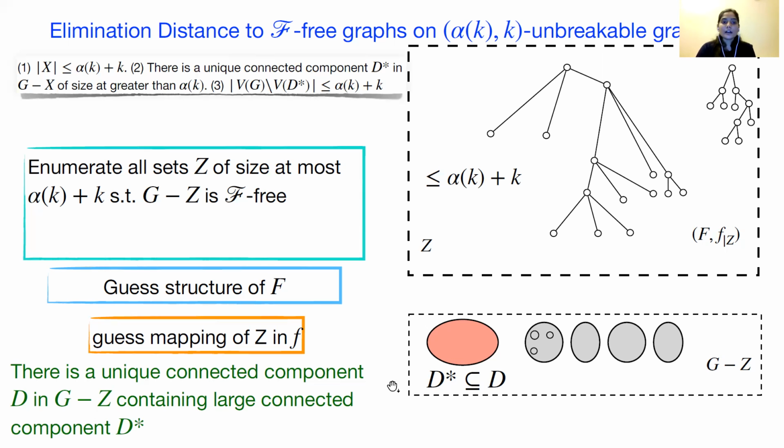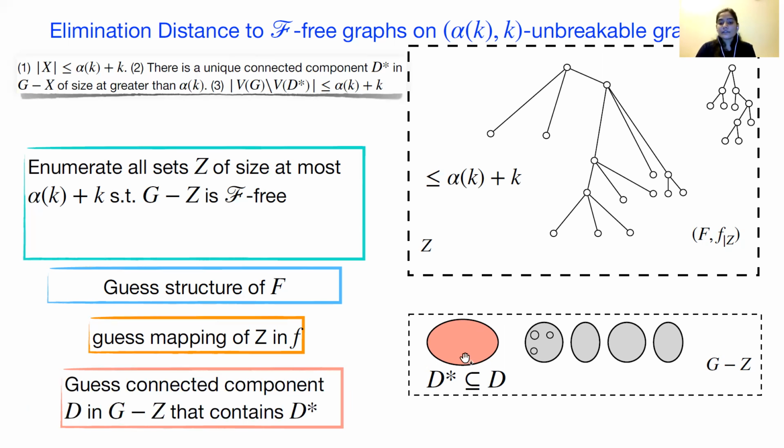Again, we can show by using alpha k comma k unbreakability that the vertex set of D star is completely contained in a unique large connected component here.